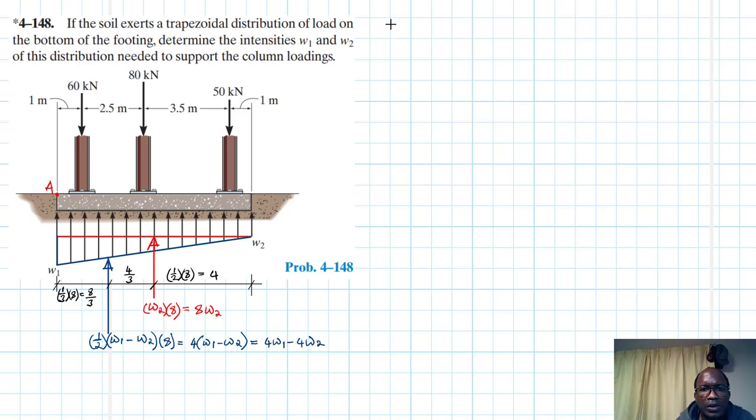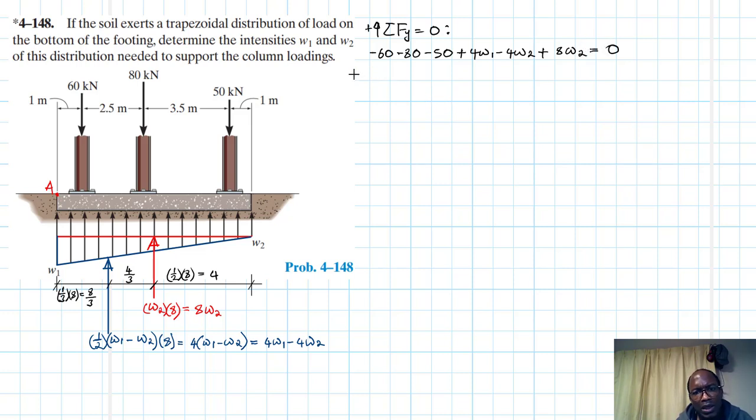Okay, so we'll have the summation of forces equal to 0, and we apply the equations of equilibrium because we do not want this particular body to fly in the vertical direction. So it has to be in equilibrium, and therefore the forces in the vertical direction have to be equal to 0. So we have minus 16, minus 80, minus 50, plus 4W1, minus 4W2, plus 8W2 equal to 0.